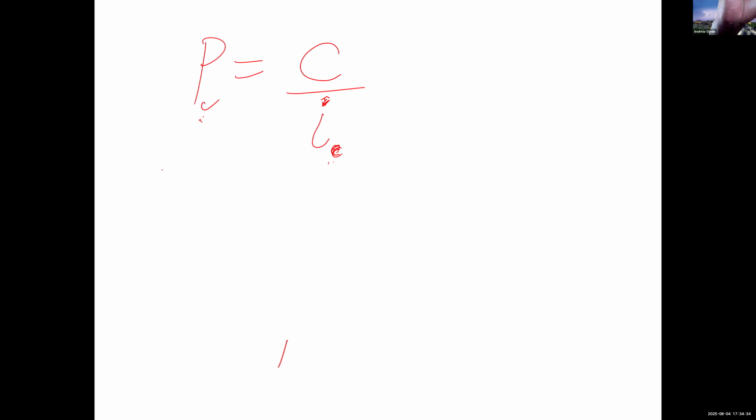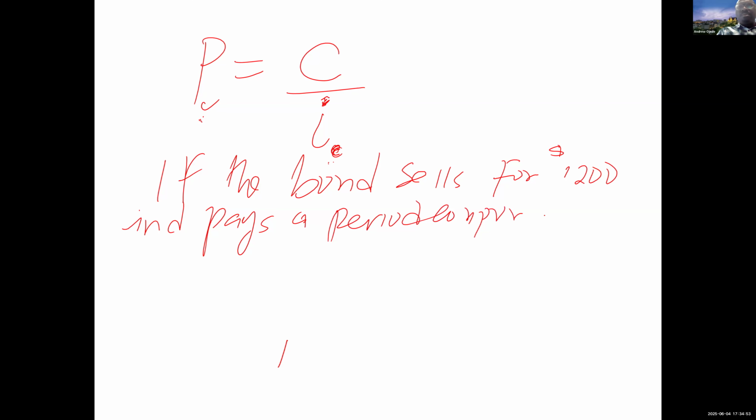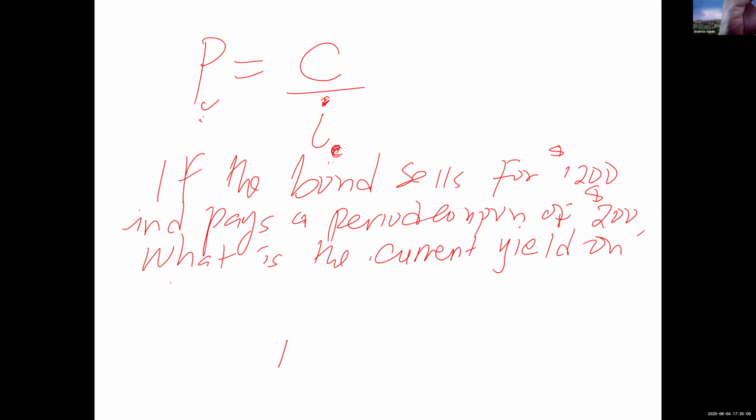So for example, if the bond sells for $1,200 and pays a period coupon of, say, $200, what is the current yield on this bond? This is the formula that we use for calculating the current yield on a bond.